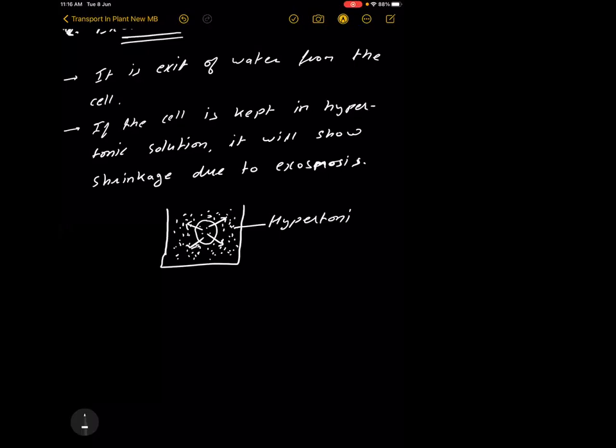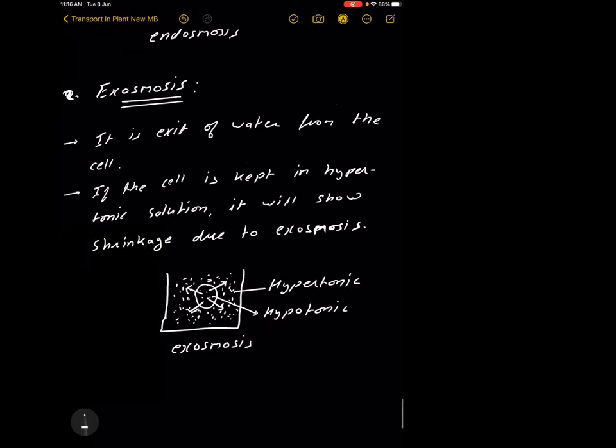The cell sap behaves like hypotonic, and because of this it results in exosmosis. Clear? So these are the two types of osmosis: endosmosis and exosmosis.